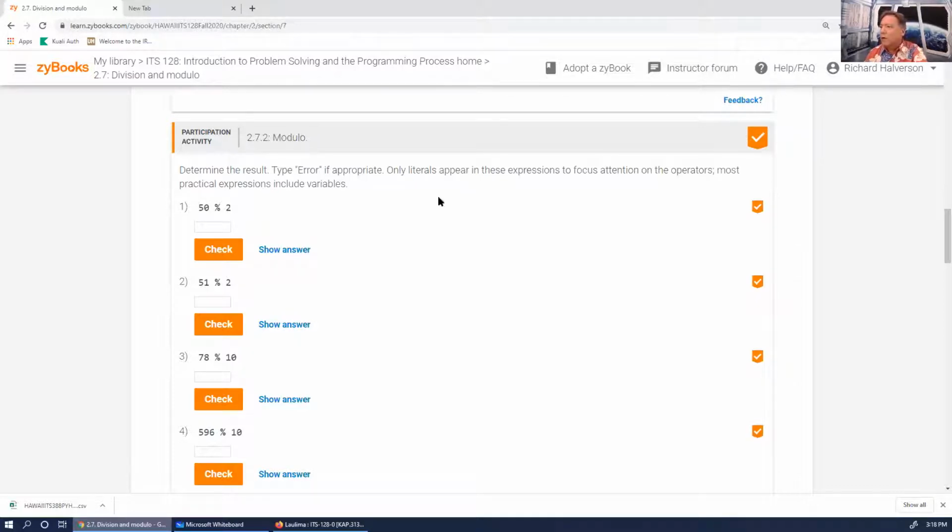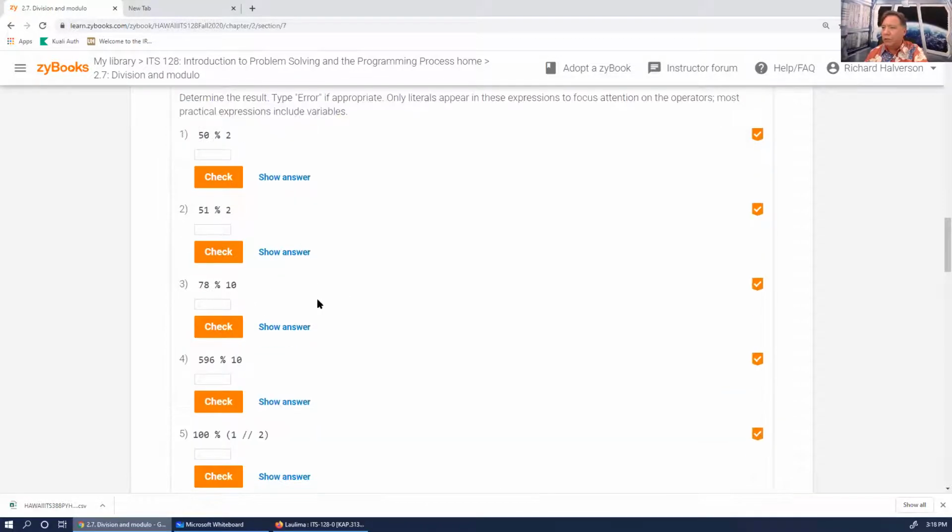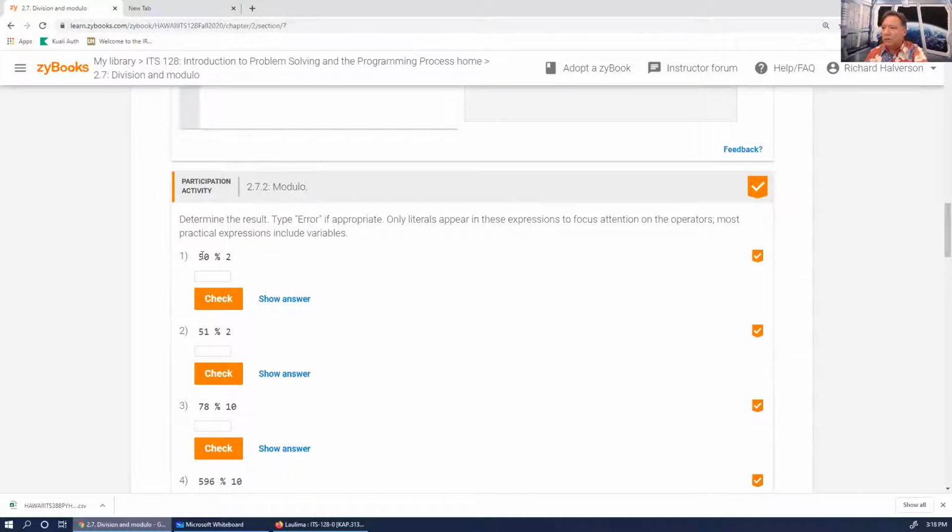Okay, so these are expressions. And so what is 50 mod 2? Well, it's 50 divided by 2, and then what's the remainder? Well, 50 divided by 2 is 25, and there is no remainder because it goes in evenly. So it's 0.